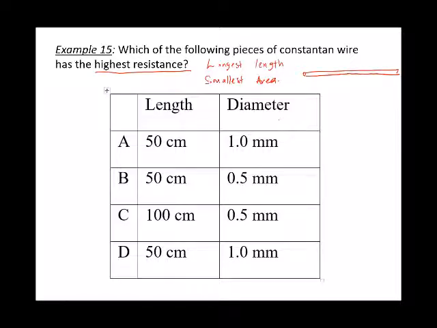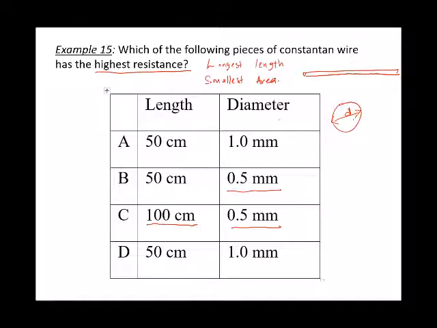Okay, so let's take a look at A, B, C, D. Which one has the longest length? This one already has the longest length. And then which one has the smallest area? Smallest area is this one and this one. The diameter is the one over here. For cross-sectional area, this is the diameter. When the diameter is smaller, the area will also be smaller.